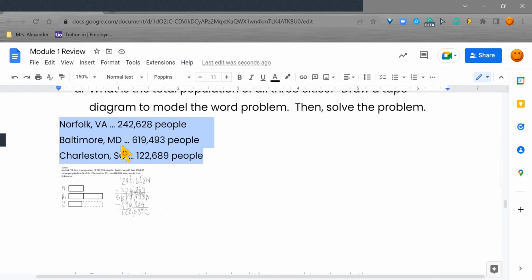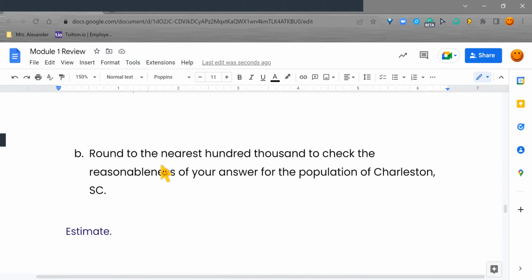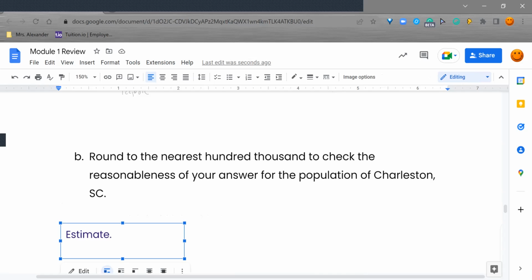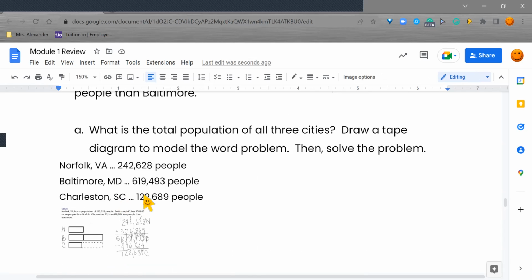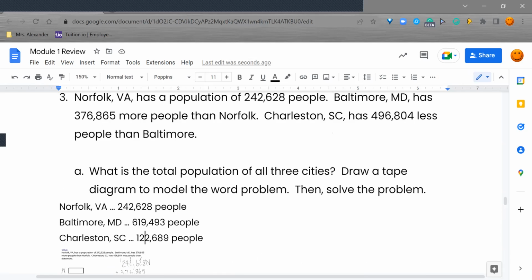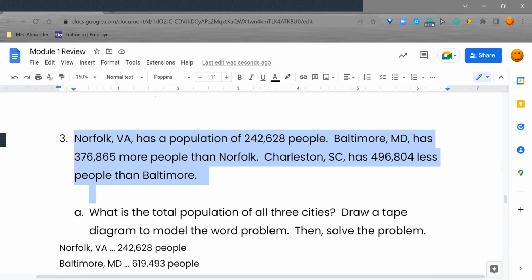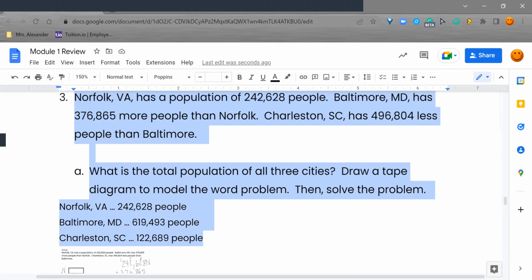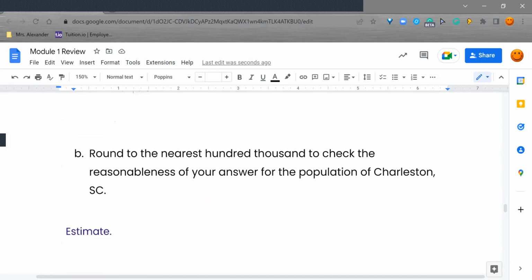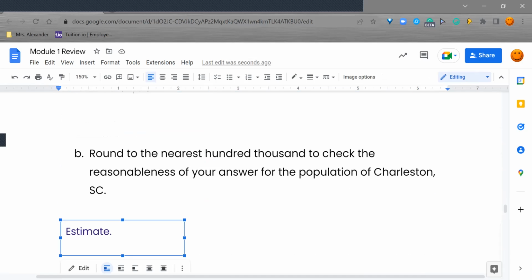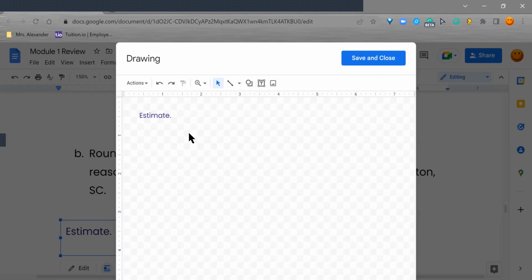So I highlighted, Control C. It says round to the nearest 100,000 to check reasonableness of your answer for the population of Charleston. So I see that it's that. So I kind of need all of this information. So I'm going to copy everything, hit Control C. I'm going to bring it into my estimate so that I can figure out what I need.